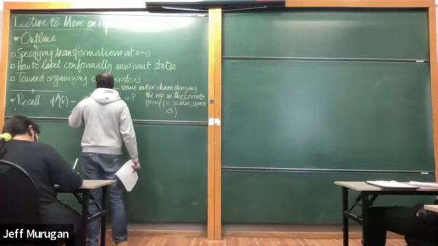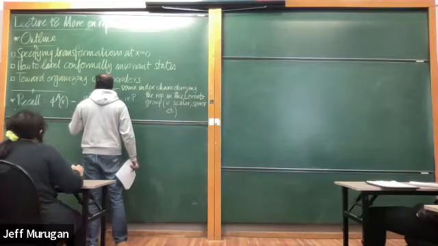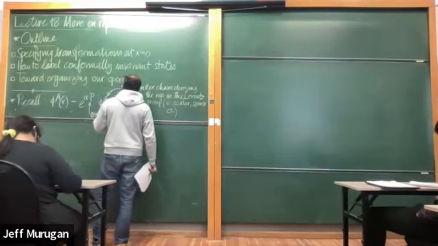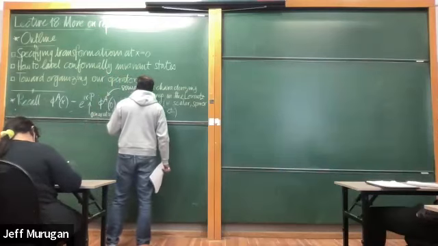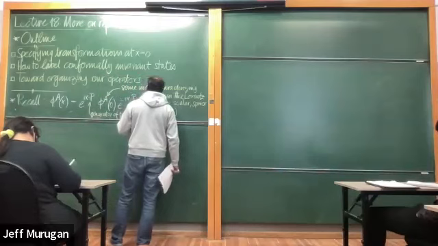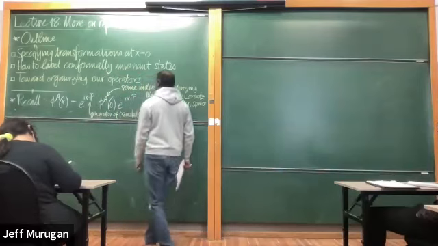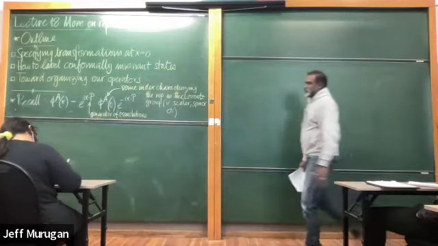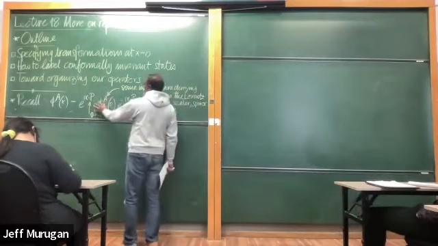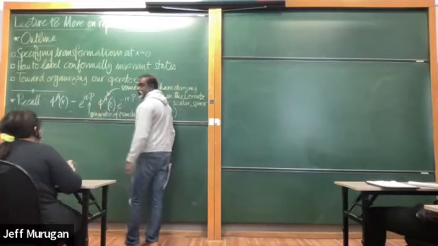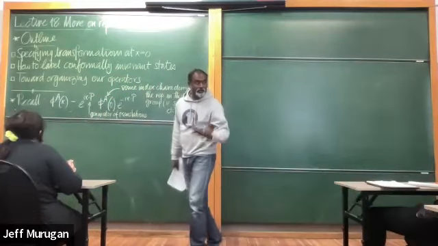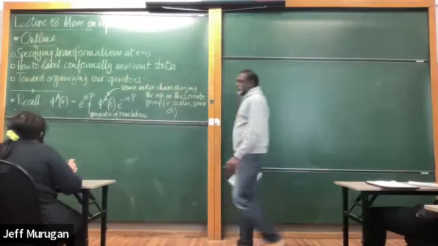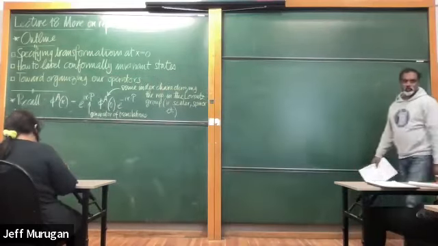This is the generator of translations. And the point here is that if I tell you how this guy transforms under the conformal transformation, then that's enough to tell you how phi A transforms at some general point in space.